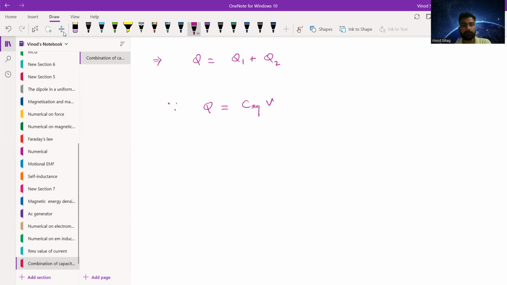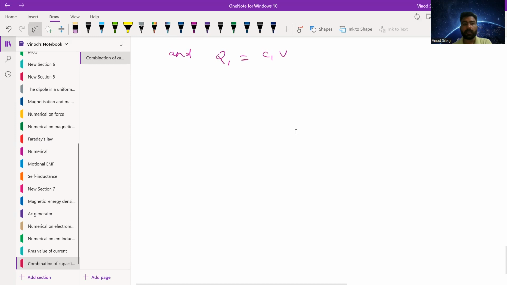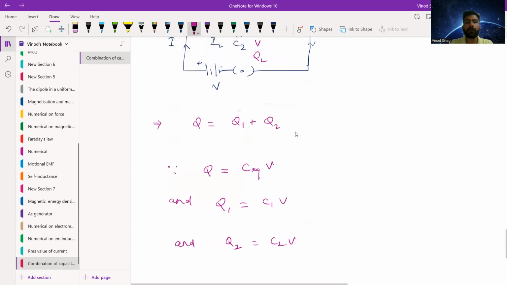So Q equals C equivalent into V. And the charge Q1 along capacitor C1 will be C1 into V, because we know that the voltage is the same, so we are not going to write V1 and V2 here. And the charge on capacitor C2 will be C2 into V. Now let's substitute in the above equation.